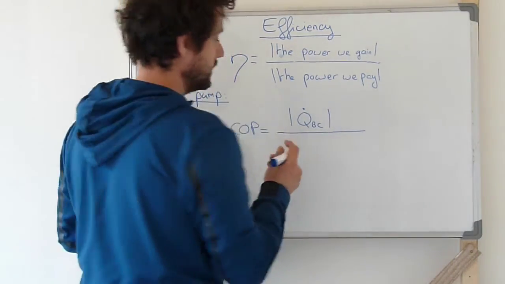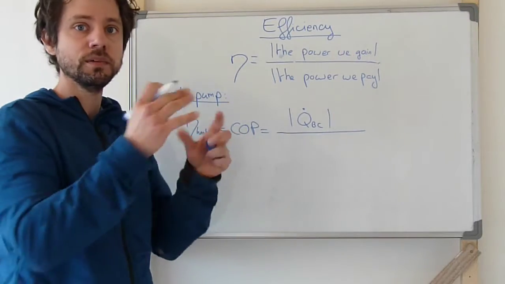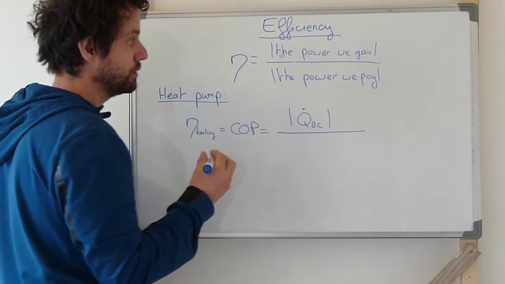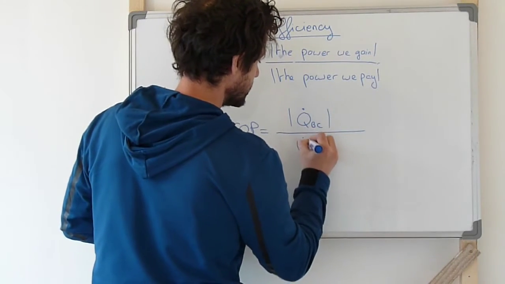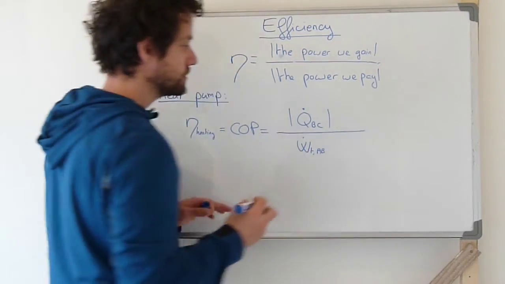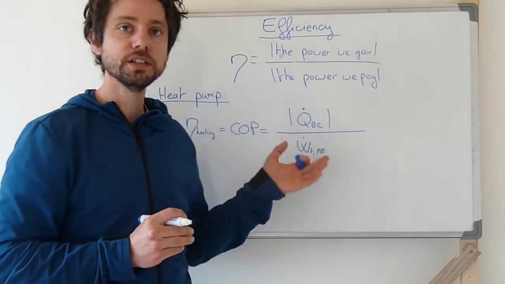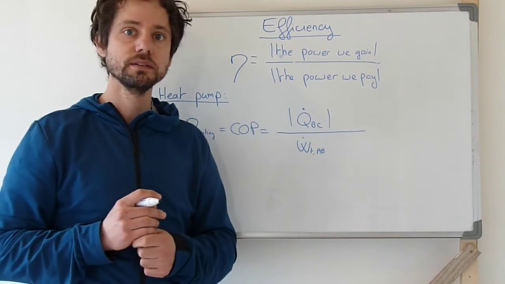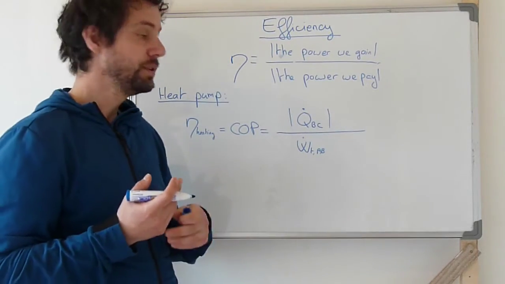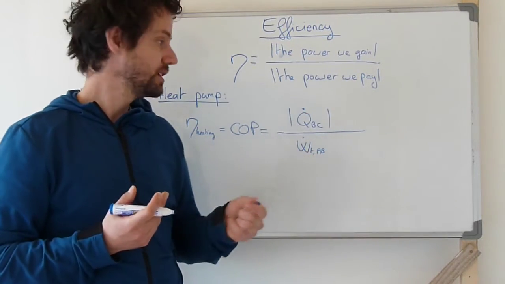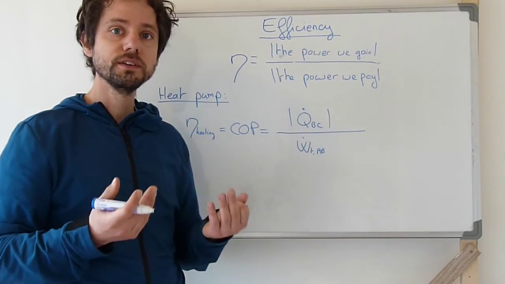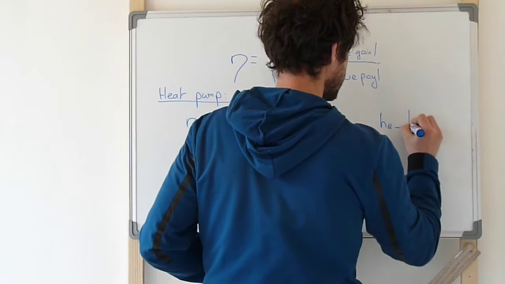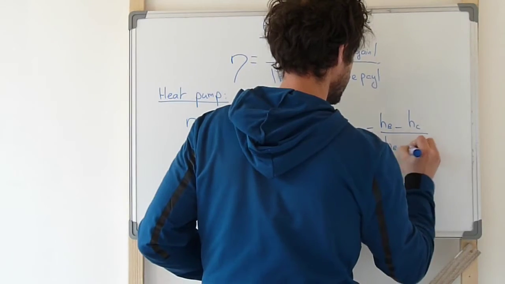So the power we pay, if we take as system only the cycle of the thermodynamic fluid, corresponds to the technical work between A and B. And as we have seen before, we can simplify this ratio by expressing it only as a function of the specific enthalpies of these given points, which would correspond to HB minus HC over HB minus HA.